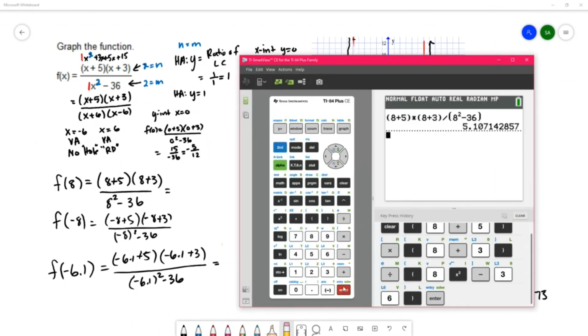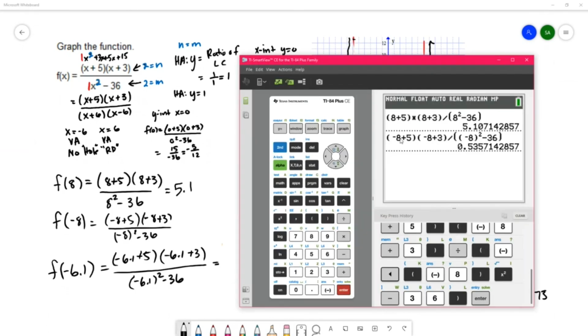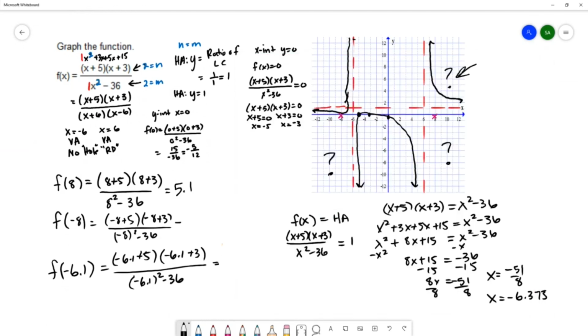And so we're getting a y value of 5.1 when we have an x of 8. Now let me make sure I type that in right. Negative 8 plus 5 times negative 8 plus 3 over negative 8 squared minus 36. So we have about 0.5 for that one.